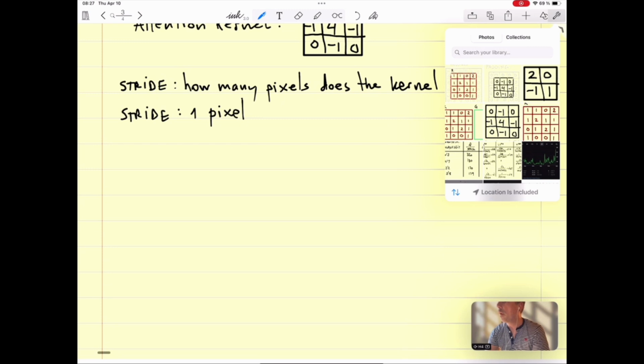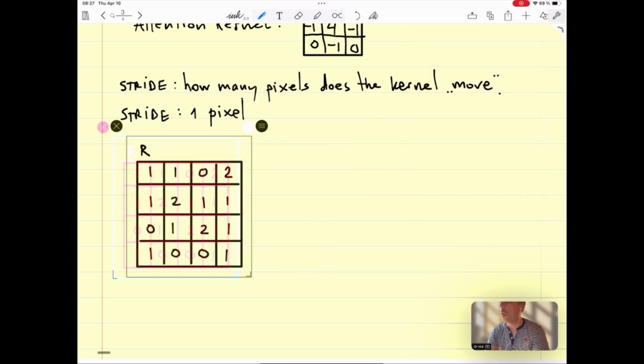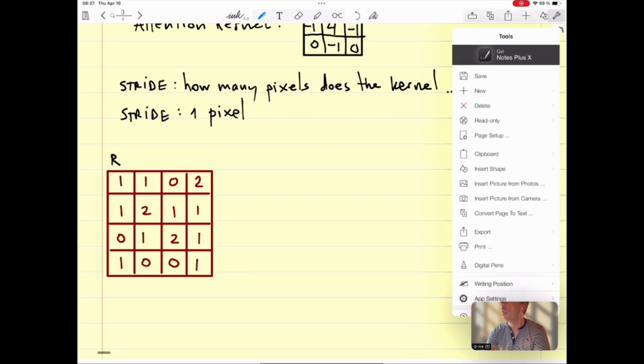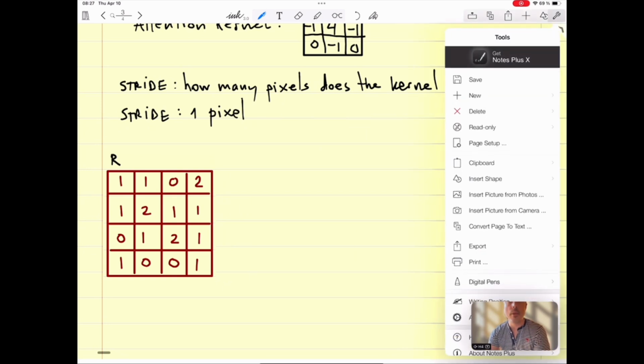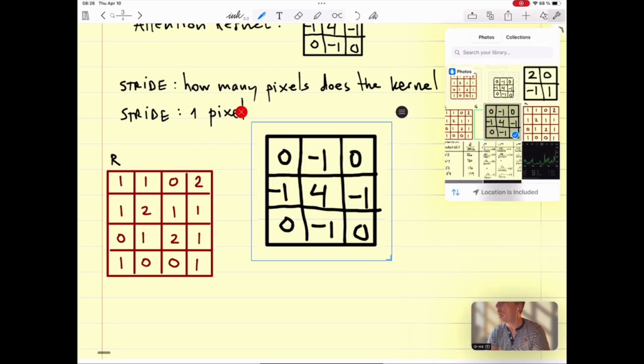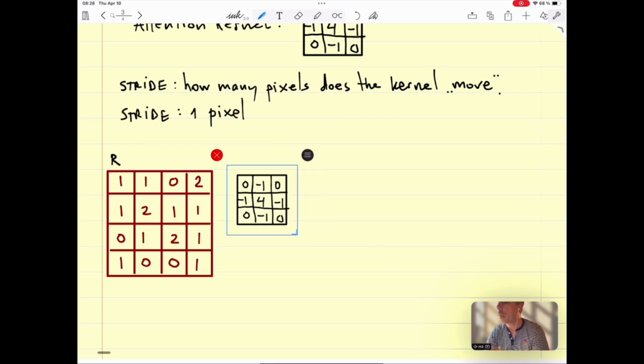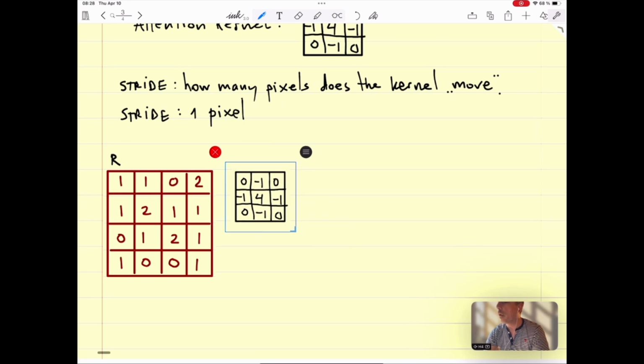We take the red channel of our image, and we take our kernel. And now we say we are going to apply the convolution.